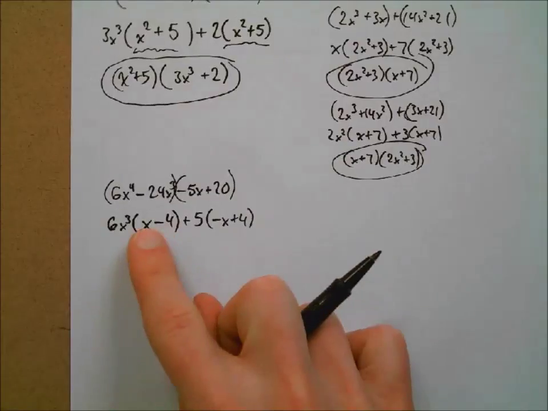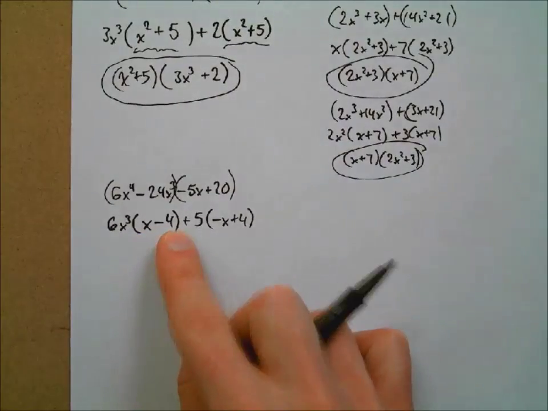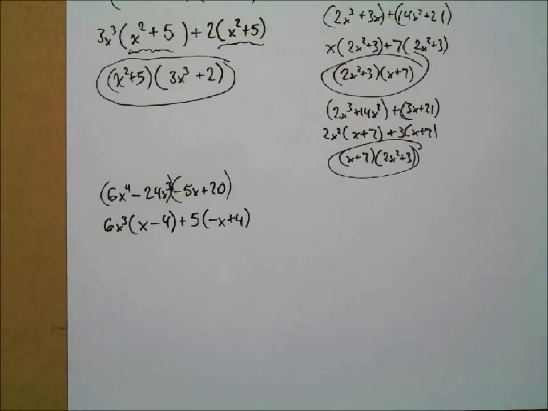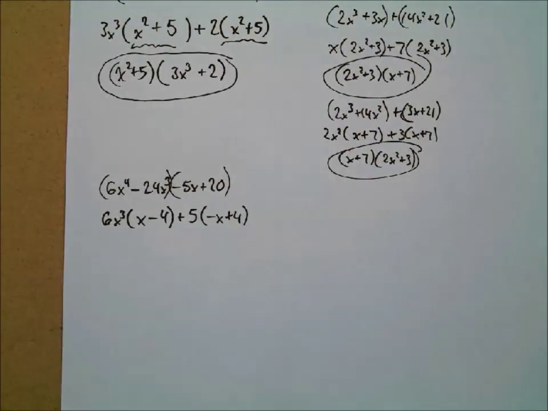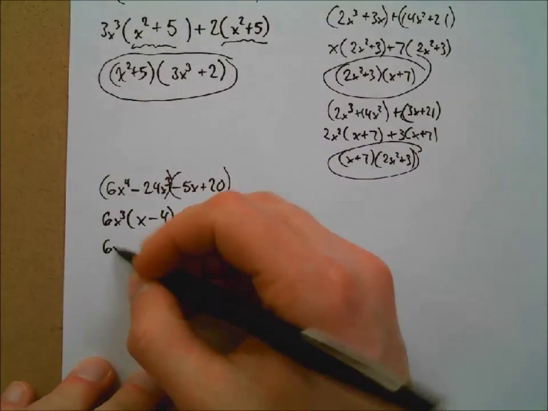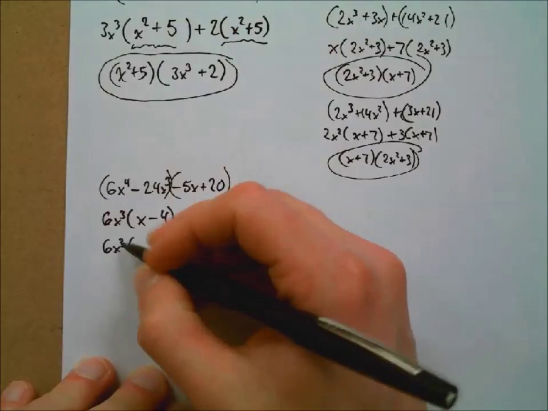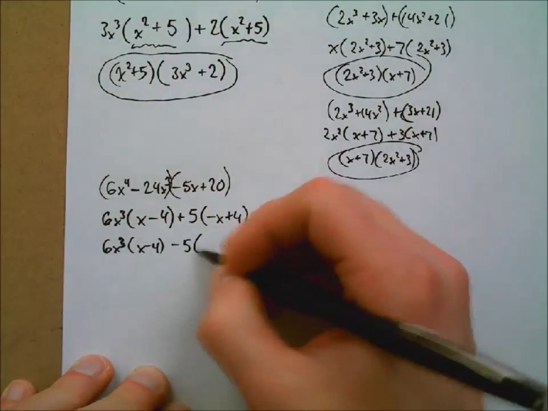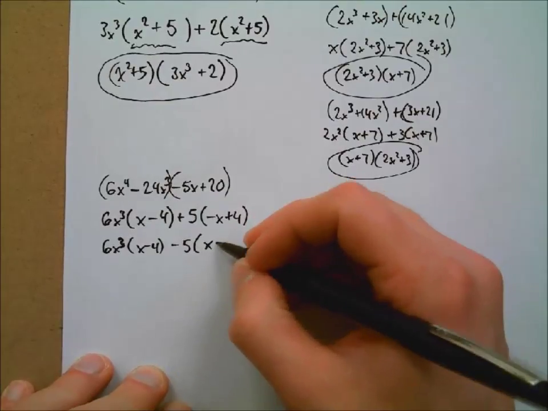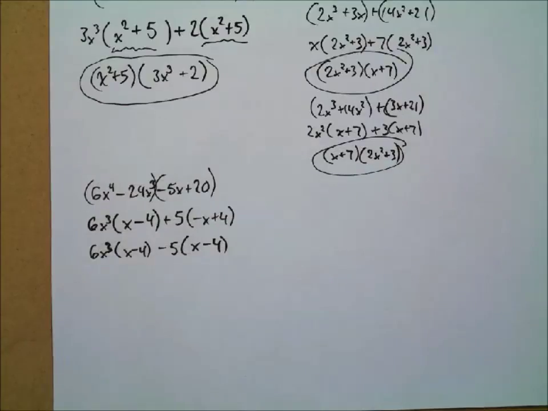That's positive x minus 4. This is negative x plus 4. What can I factor out from here? Yeah, a negative 1. We'll factor a negative 1 out. Make this 6x cubed times x minus 4, minus 5 times a positive x and a minus 4. And aha, they are the same.